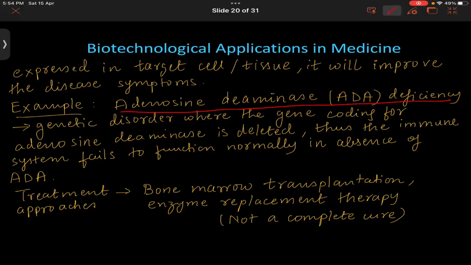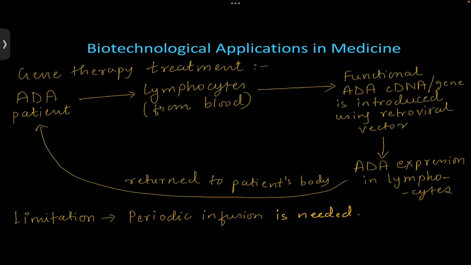People have tried bone marrow transplantation, then gene replacement therapy, but all these therapeutic techniques are not a complete cure. They just temporarily alleviate the symptoms of ADA deficiency and require repeated procedures. So people then tried to develop a better technique using gene therapy principles.